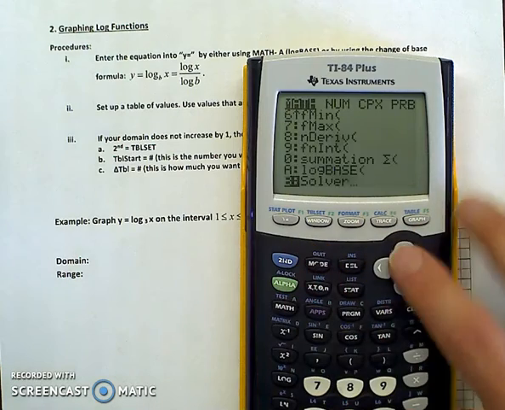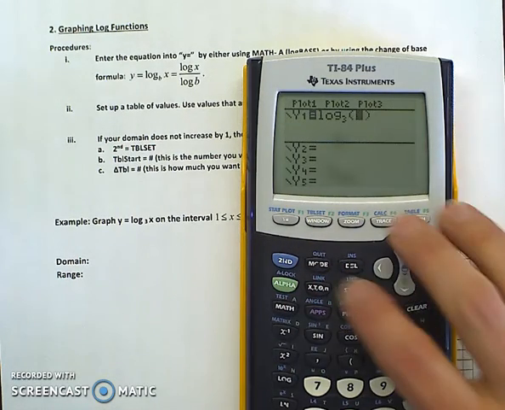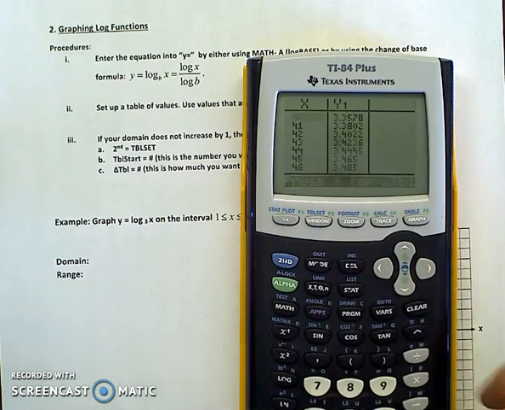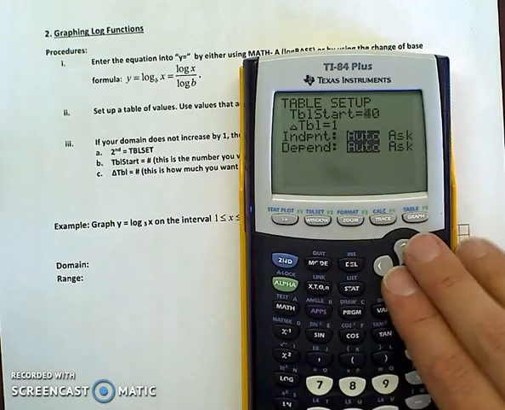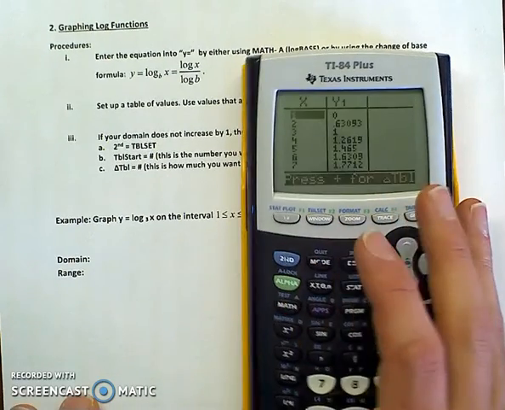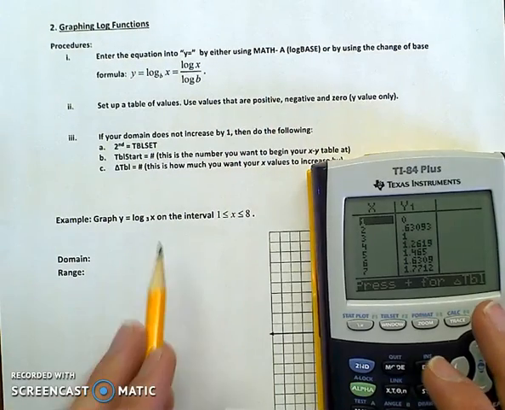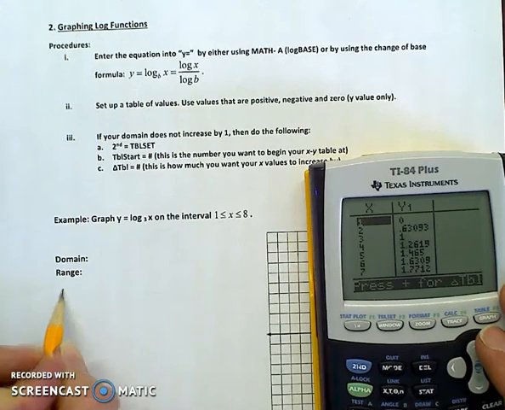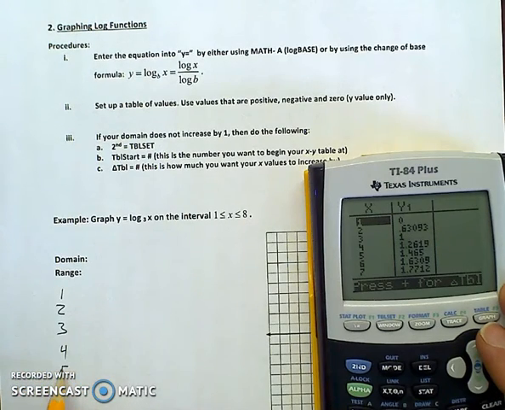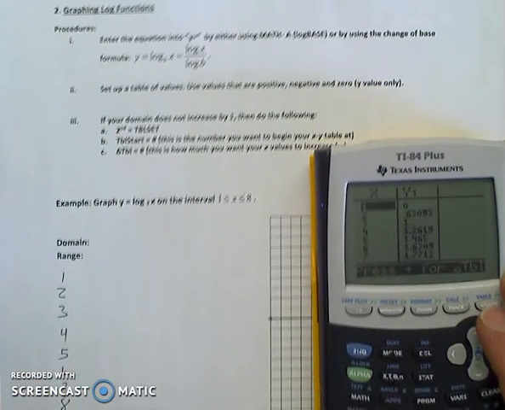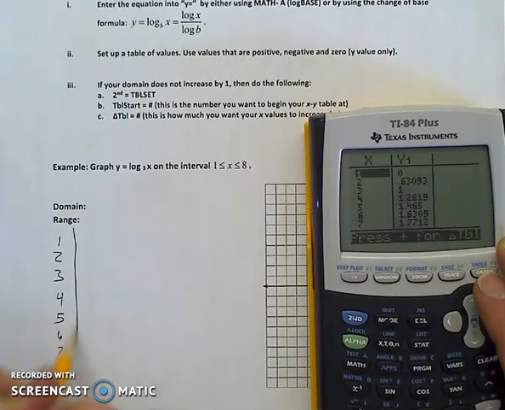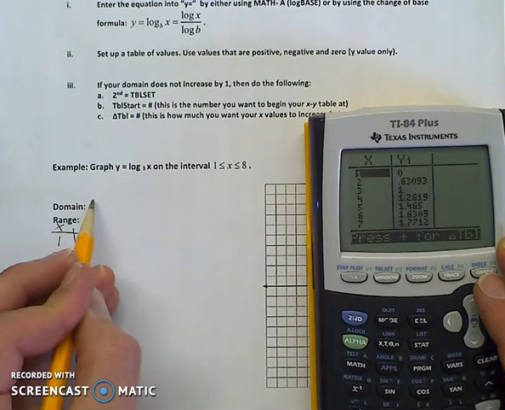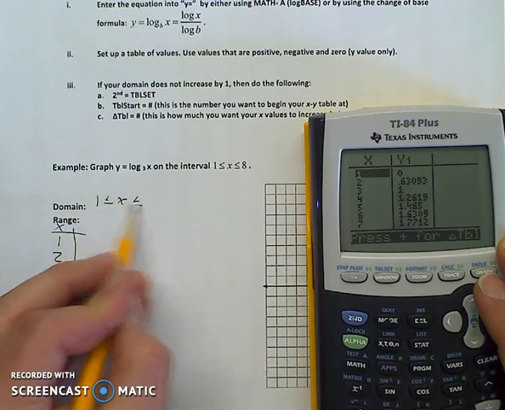Math up, log base 3 x. And you're going to notice here that it says graph on the interval of 1 to 8. So you're going to go 1, 2, 3, 4, 5, 6, 7, 8. That's your x, that's your domain, 1 to 8.